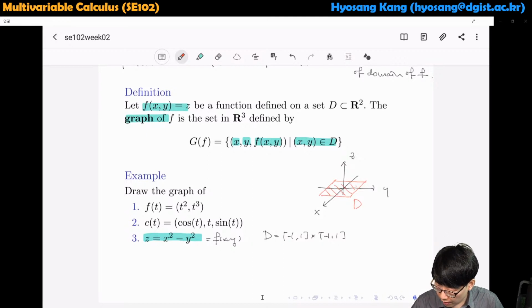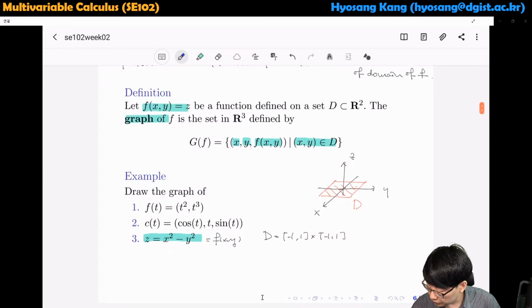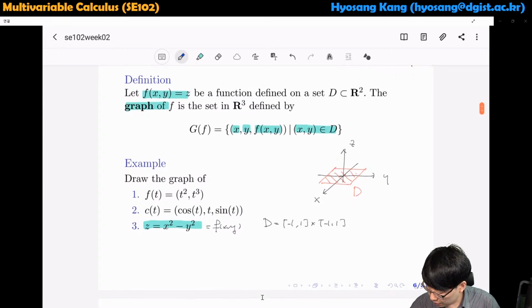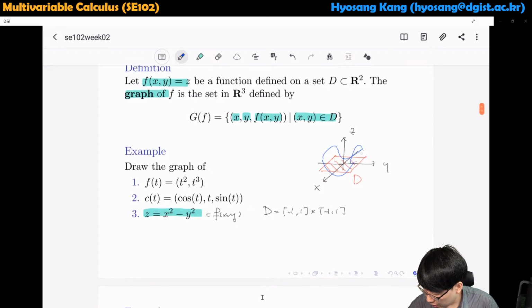What makes the graph is a set of points in three-dimensional space. If I draw this, it becomes this kind of picture, and here is the graph of the function.